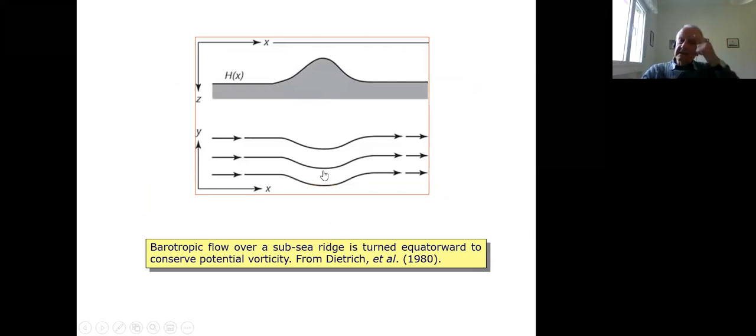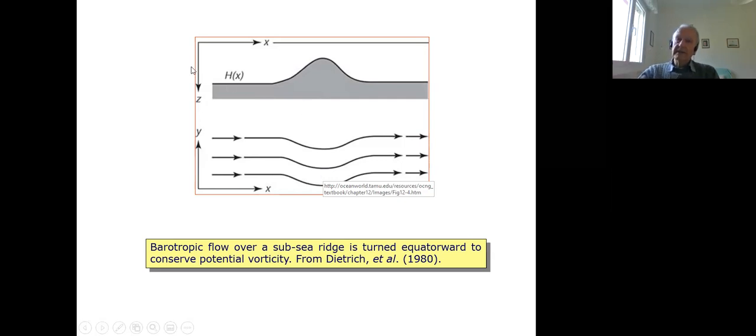And here is one more example of how the depth in fact impacts the movement of the particle. We said before that the water column is moving in the ocean by keeping f over h constant.